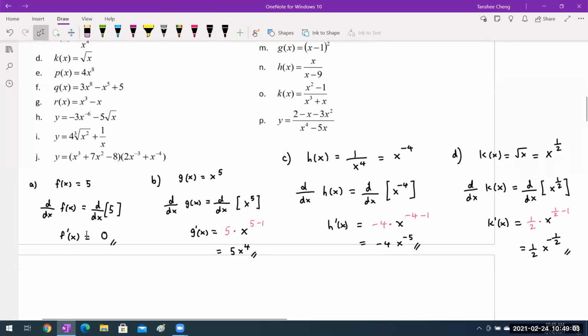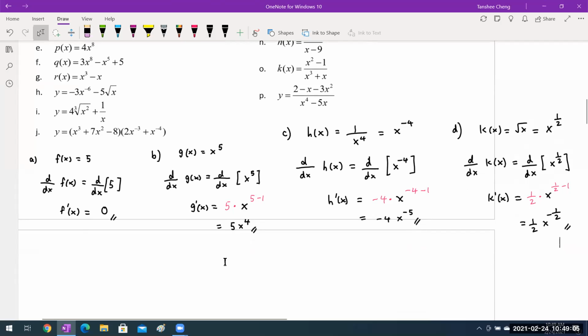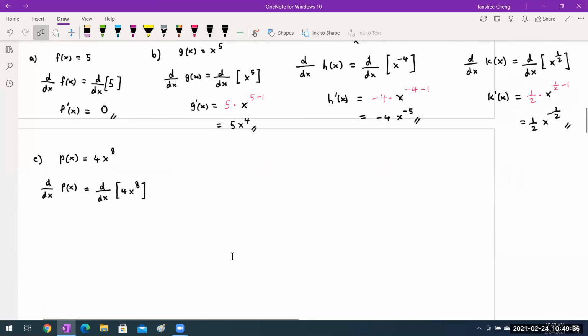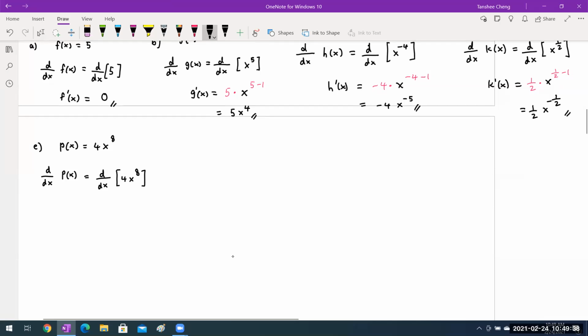Now, let's move into the next example. We have example E. We have p of x that is equal to 4x to the 8th power. So when we take the derivative with respect to x of the function p of x, because this function has a constant multiple, by using one of the formulas, taking the derivative of a constant multiple is the same thing as the constant multiple times the derivative of the function.